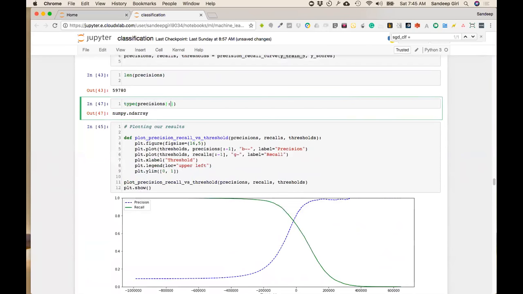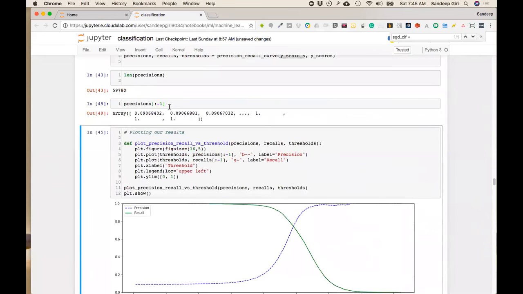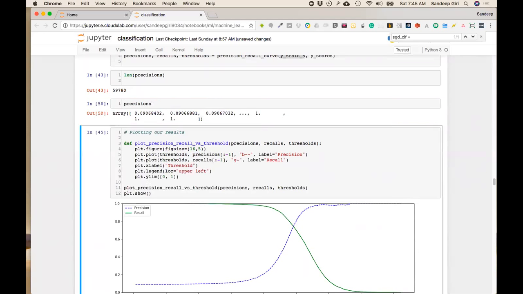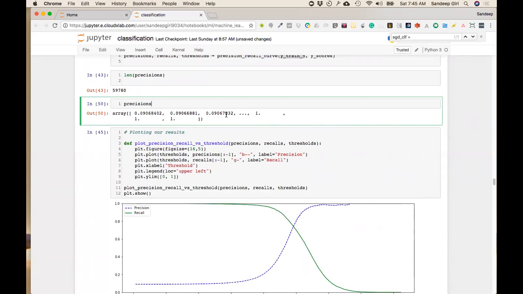And what happens in this case? Okay. So this is an array from this to this. That's all right. Okay. So it's probably removing one of the values.